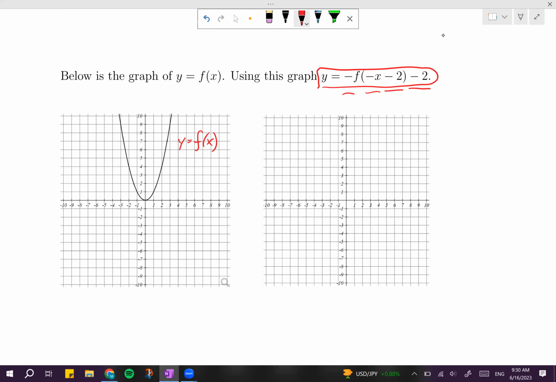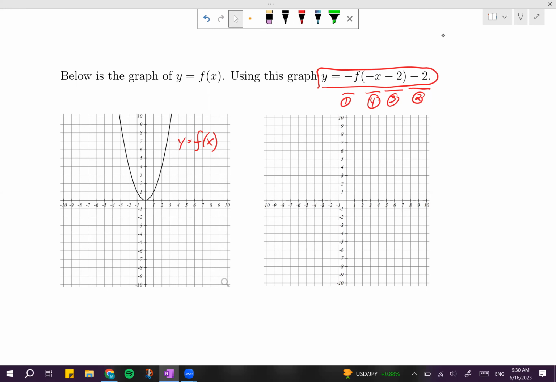The two things on the outside are this negative sign and this -2, and we have this -2 and this minus x. So we want to work from the most outside stuff to the most inside stuff, and the inside stuff is the stuff that's touching our x right here.